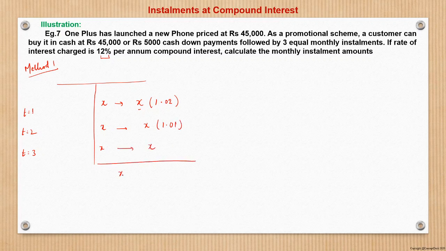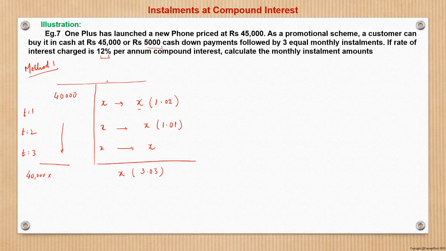If we add, we get X into 3.03, and on the right hand side, the cost price was 45,000, 5,000 was the down payment, so the loan principal was 40,000 only. And what is the value of 40,000 after 3 months at 12% per annum compound interest?